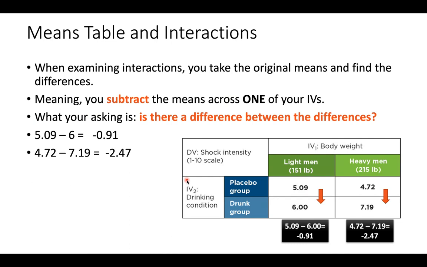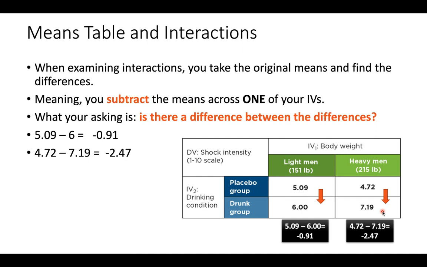Using this means table, we don't want to find means for our interaction. We want to find difference scores. So difference scores is going to mean subtraction. Now, we only want to do this one direction. It doesn't matter if you go left to right or top to bottom. I say just go top to bottom.